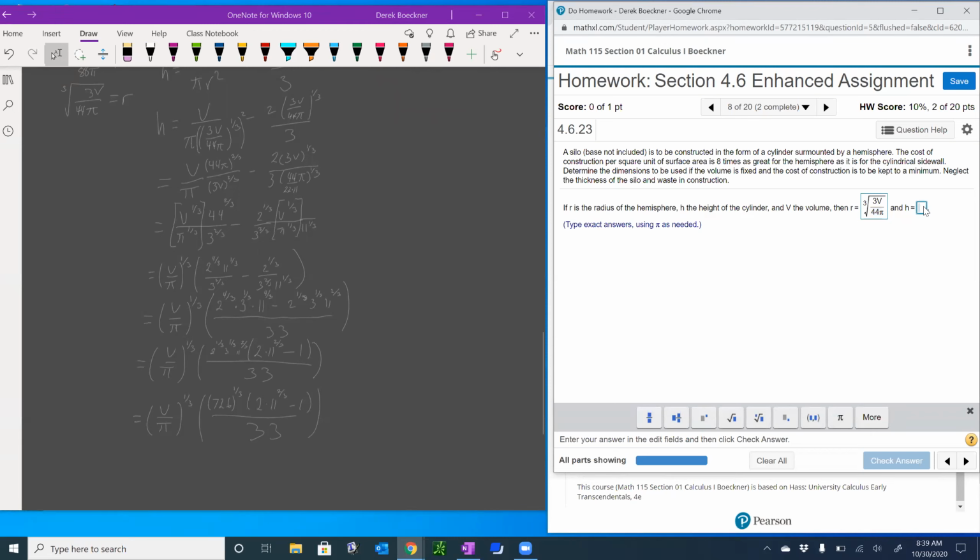H, I guess I can do this with roots. Third root of V over pi, let's do a fraction.